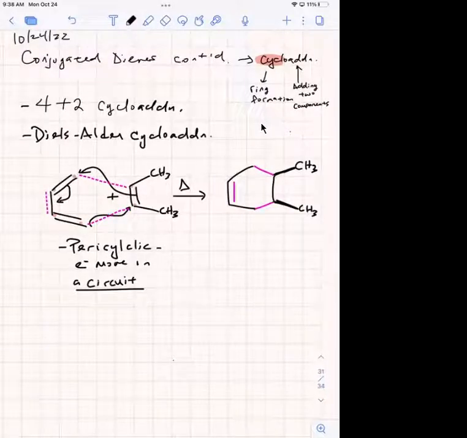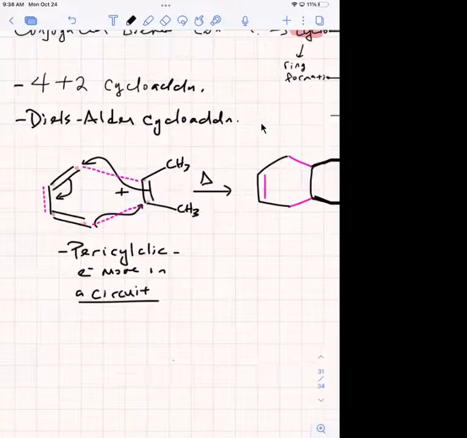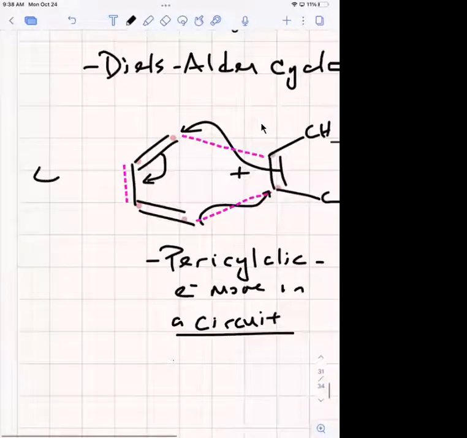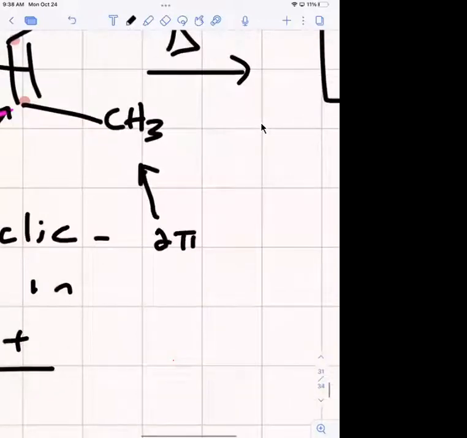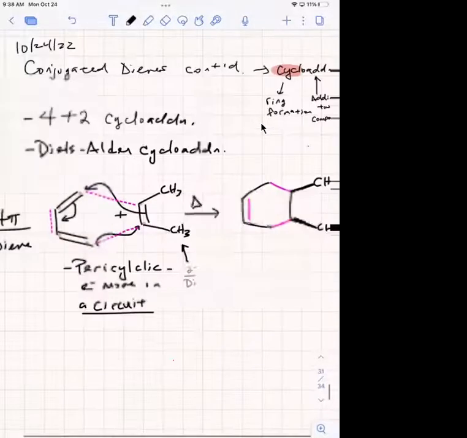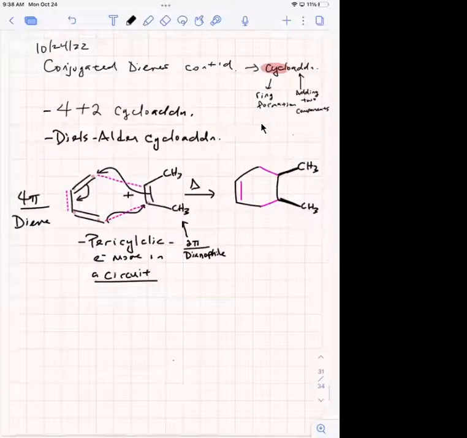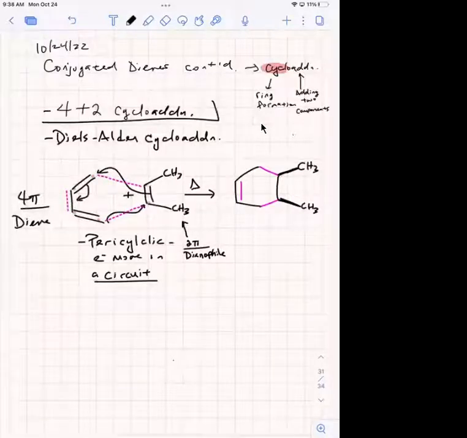So the 4 pi system is over here. That's the diene. And over here is my 2 pi system, and we call that the dienophile, or lover of dienes. So a 4+2 cycloaddition involves a diene and a dienophile. The 4 part is the diene, the +2 part is the dienophile.